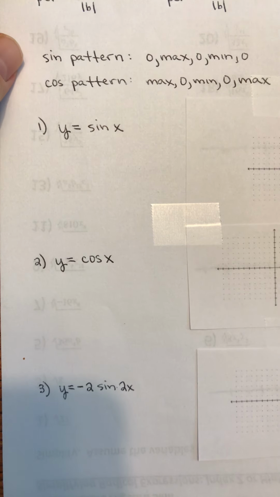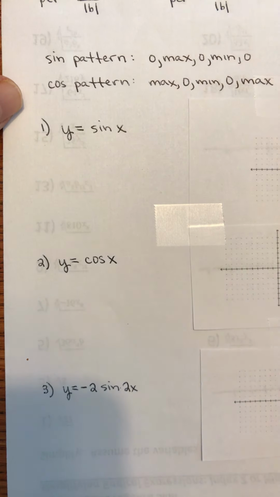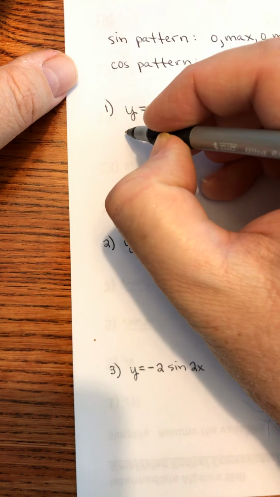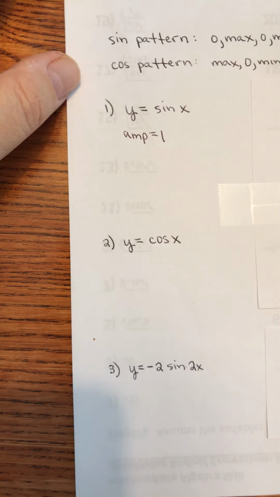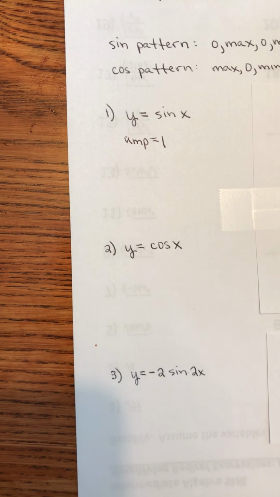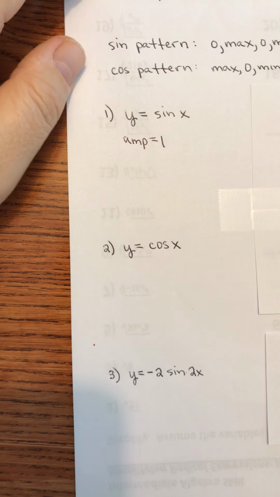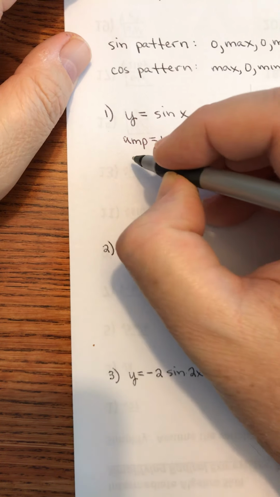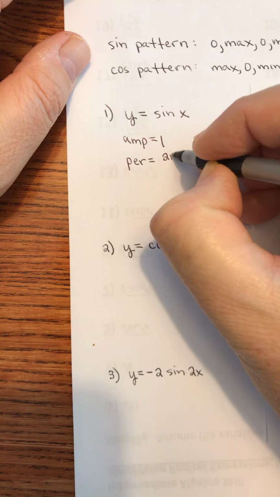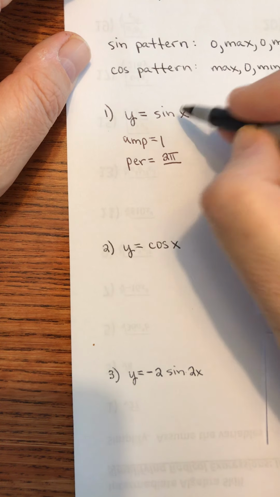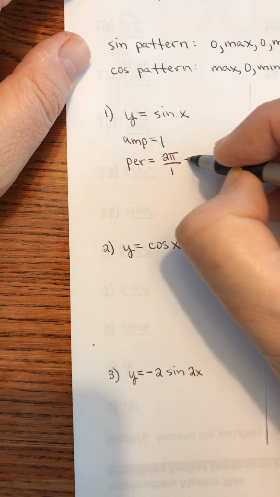So here's the start, just the sine curve, where the amplitude is 1, because it's just the absolute value of the coefficient of the sine. The period, again, is 2 pi divided by the absolute value of b, and the absolute value of b is 1.